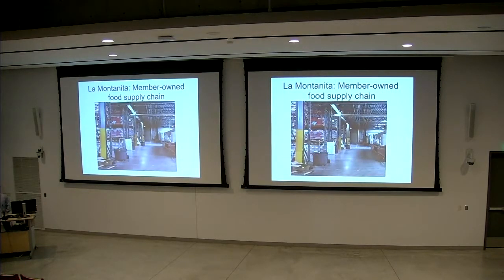La Montanita, not too far from you all, just an extraordinary co-op that started out with a handful of families in somebody's basement once a month, has grown to a member-owned cooperative with 17,000 members, with over 400 farmers who sell in and through La Montanita, with 6 retail storefronts, and their own, as you see here, cooperative distribution system.